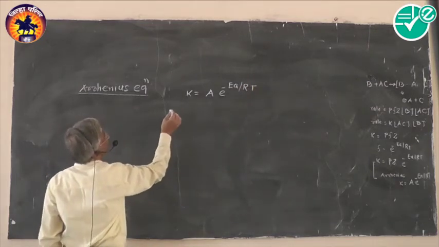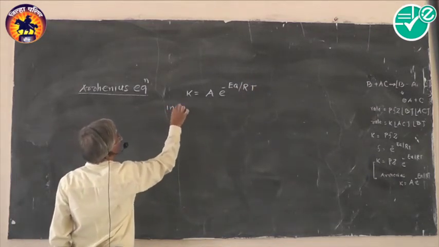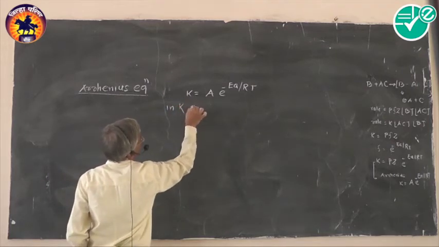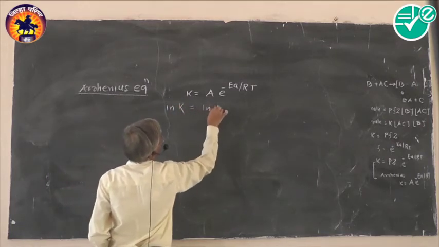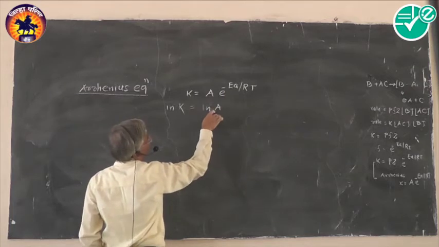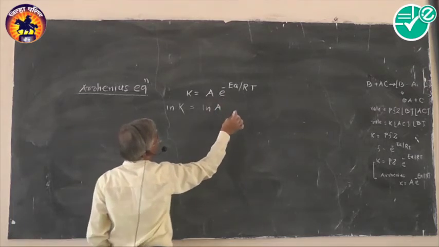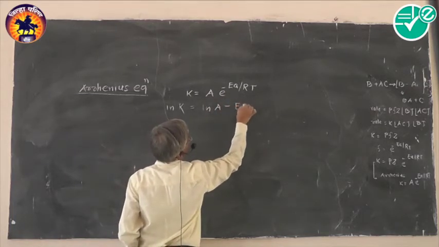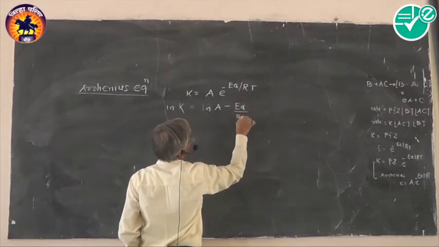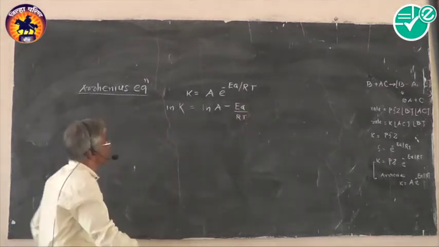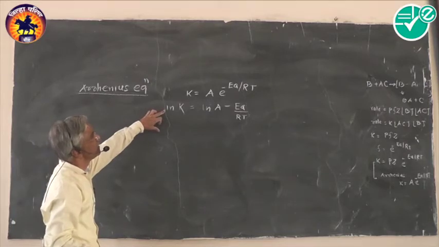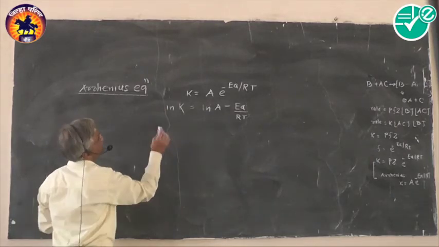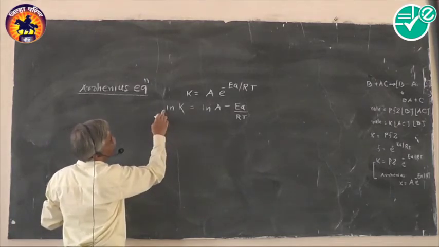Then applying the natural ln function, ln K will be equal to ln A minus EA upon RT, since ln of the exponential is always equal to 1. Now for converting natural log to base 10, we will multiply everything by 2.303.